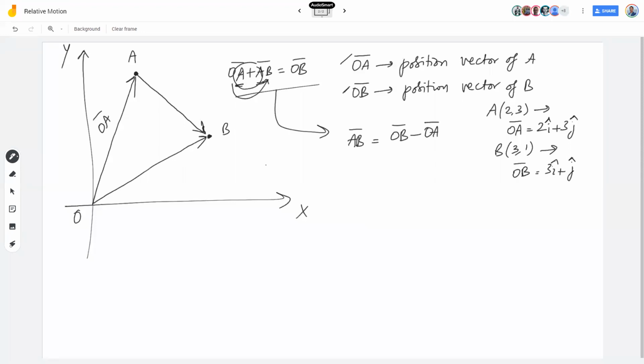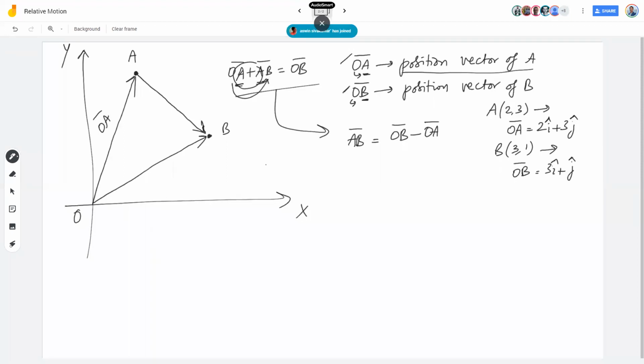In vectors, you must have already studied this. If OA bar represents the position vector of A, OB bar represents the position vector of B, then what does AB bar represent? See, the position vector of A is the position of A with respect to the origin, the reference point. The position vector of B specifies the position of B with respect to the origin.